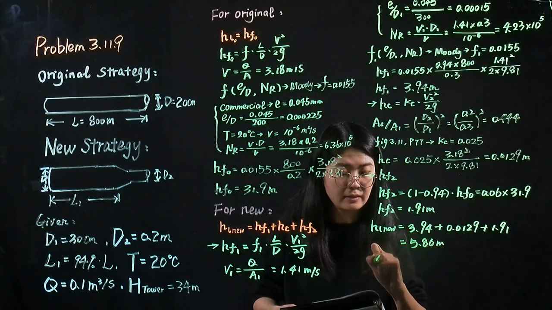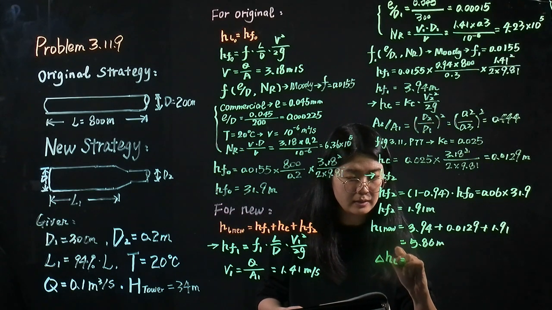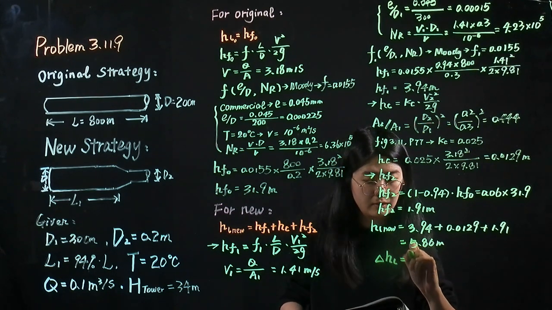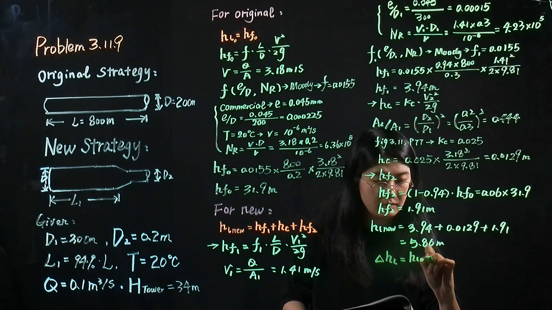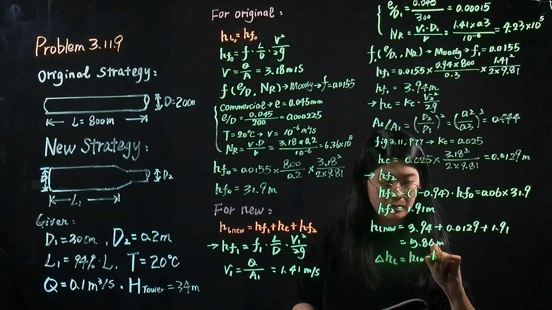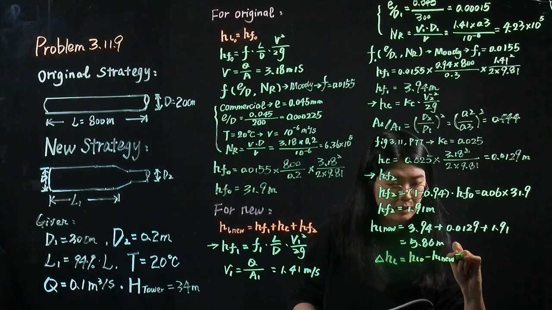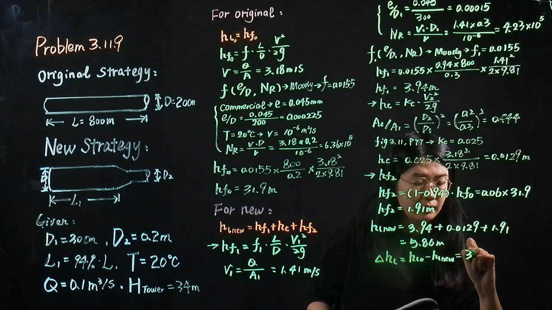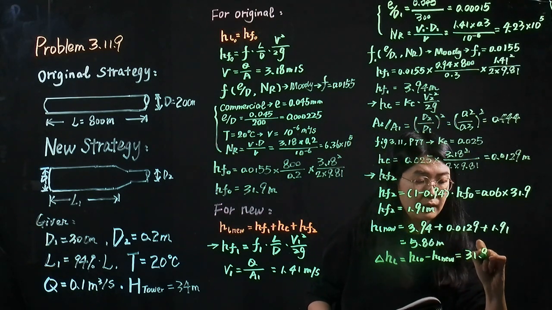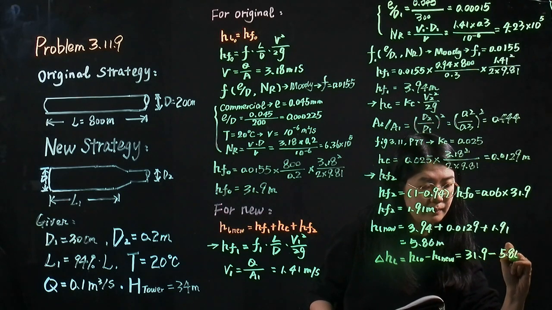So the head reduction by applying this new strategy is equal to the original one minus the new one. It is equal to 31.9 minus 5.86.